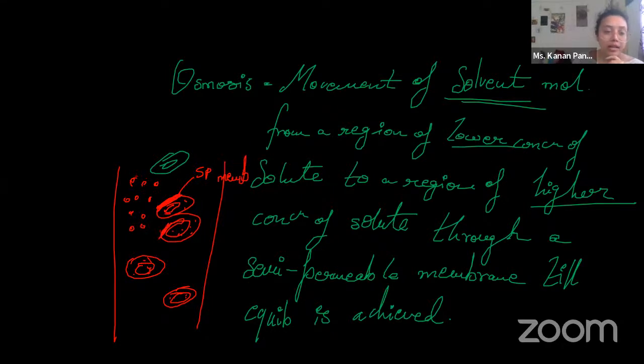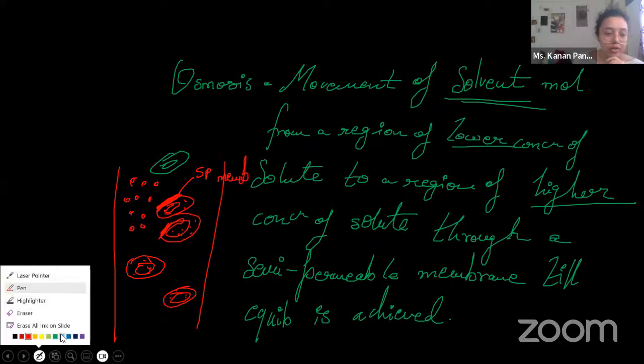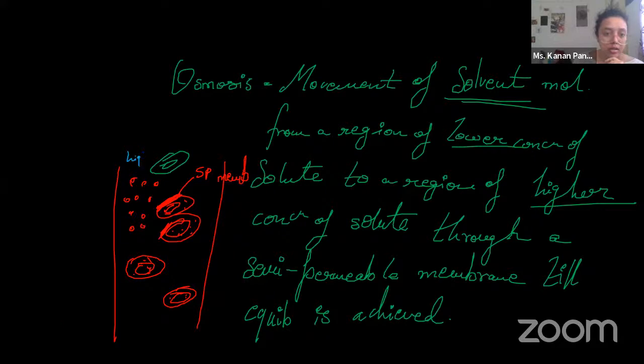Now tell me, अगर बाहर अगर concentration ज्यादा होगा compared to अंदर, तो how will the movement be? किस चीज का movement होगा? पहले तो ये बोलो.